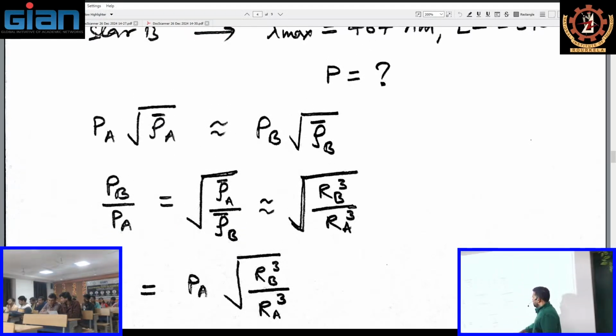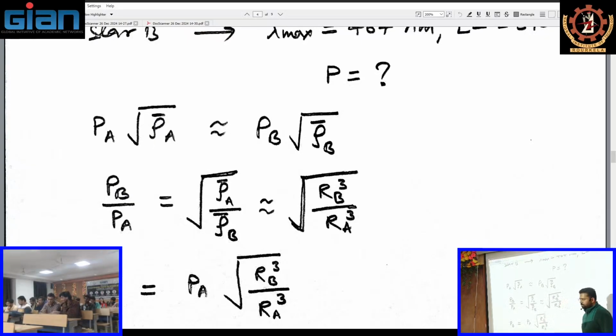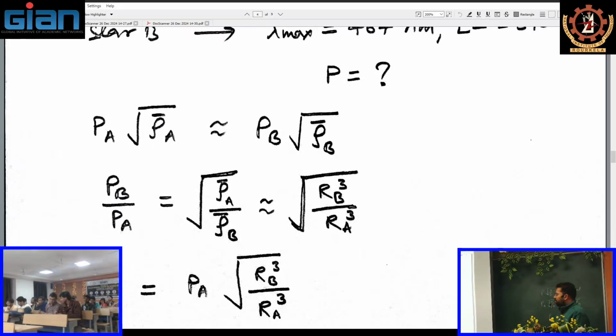So if you write in terms of radius, this will become the radius of star B cubed divided by the radius of star A cubed. You can convince yourself by converting density into mass and radius.